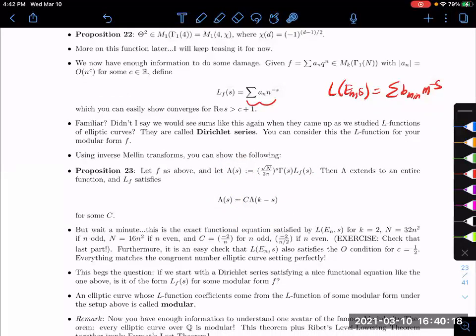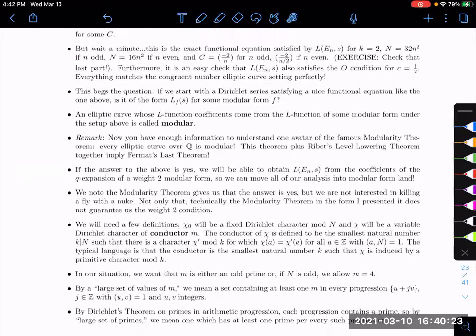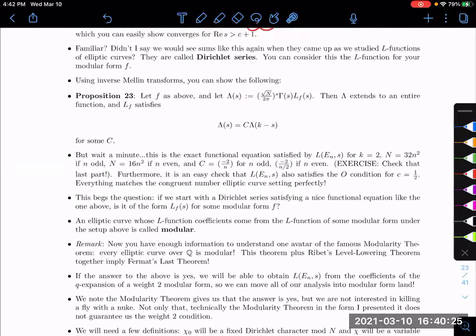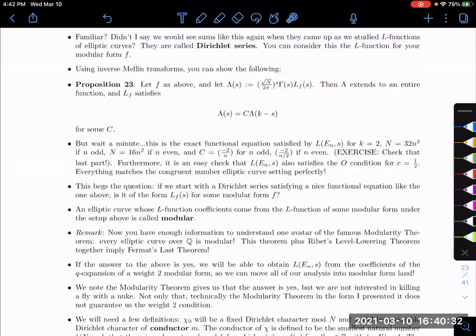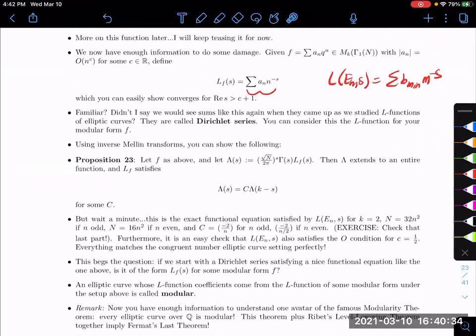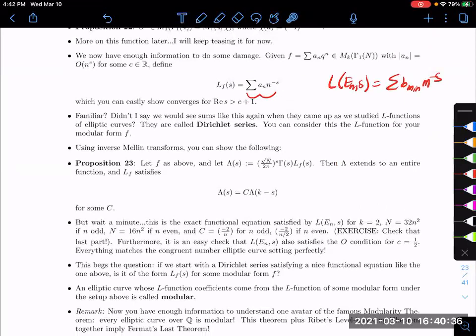And so this immediately begs the following important question. If I start with any Dirichlet series, so any series of this form, forget not even an L function, just any series that looks like this, and I happen to know that it has some nice functional equation in this sense, something more or less that looks like this, do the coefficients of that Dirichlet series come from the coefficients of a modular form?